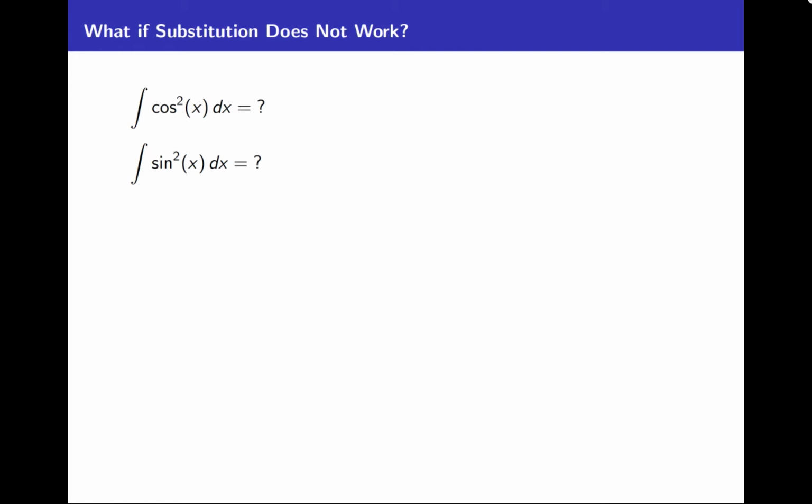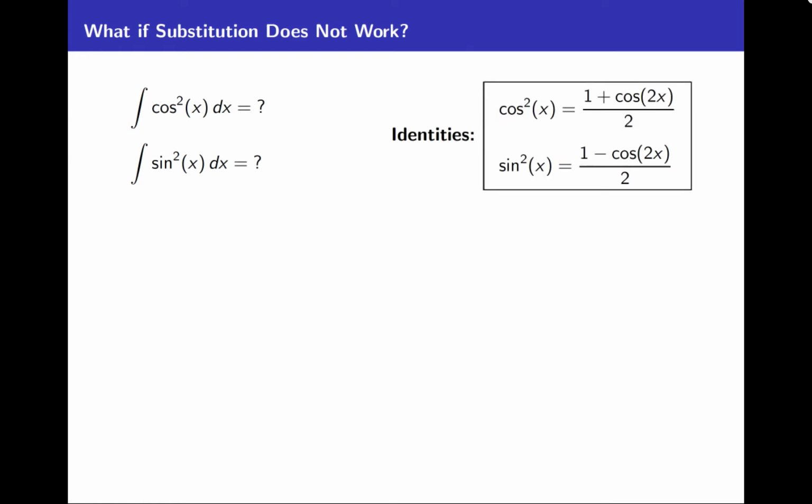And in fact, if you think way back to the first part of this course when we were doing our trig review, we had an identity involving cosine squared x and another involving sine squared x, an identity that expressed each of those in terms of linear terms. Here they are. Remember this one?